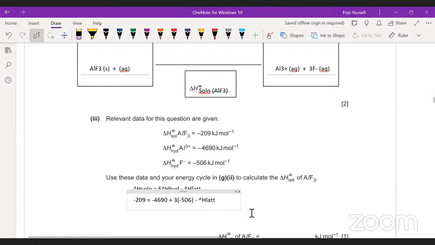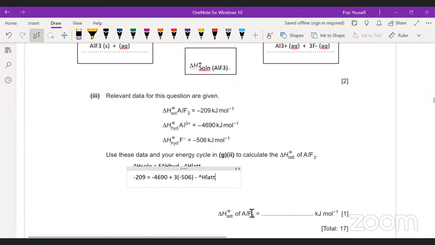And so that's what we're going to be asked to simply plug in. And when we plug the values in here, the answer that they've shown is negative 5999.